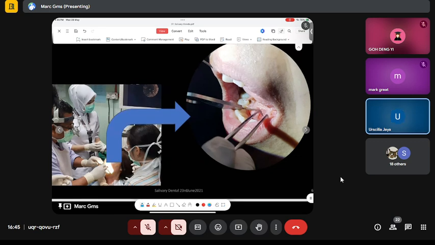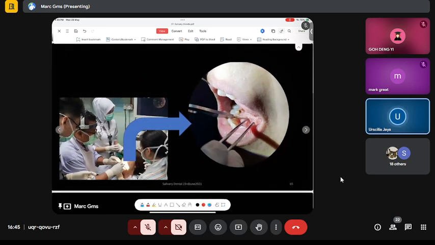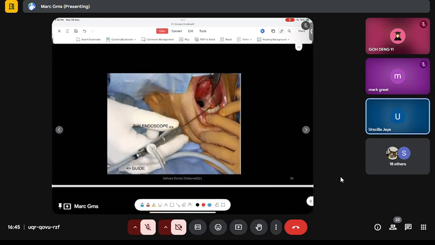Yeah. So basically, that's how a sialendoscopy is done. Can you see the one which the arrow is pointing to? That is your probe to dilate it. Okay. That's Mr. Zahir doing it. Next. Yeah. So this is the sialendoscope. Can you see? It's so tiny and it's going through the sublingual duct.